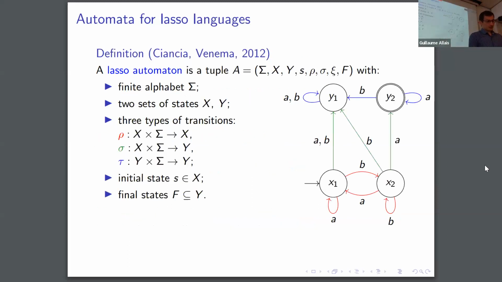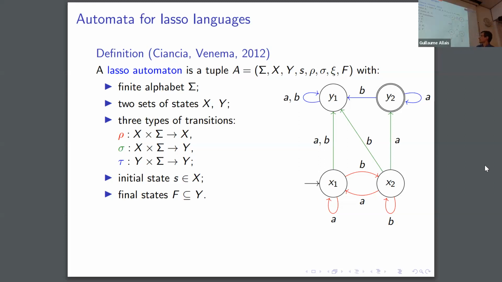And so now we're going to talk about this notion of an automaton, which was introduced by Chancha and Feynman. It's called a lasso automaton. This admittedly is slightly different from DFAs, but not too much, as we'll see. It has two sets of states, these x states and these y states.